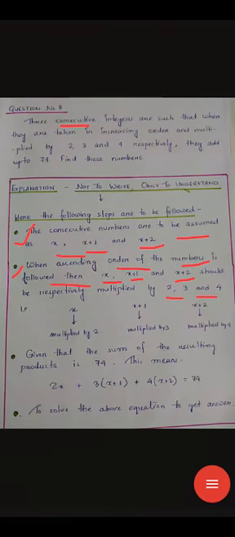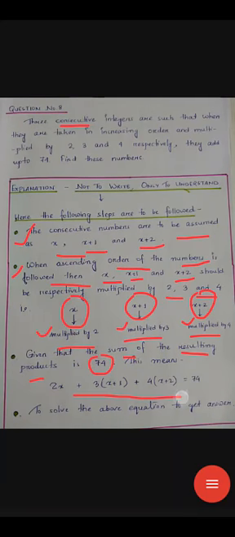So that is what I already explained to you. x should be multiplied by 2, x plus 1 by 3, and x plus 2 by 4. It is given that the sum of the resulting products is 74. That means the sum of these three products will be equal to 74, and that is what is written here.